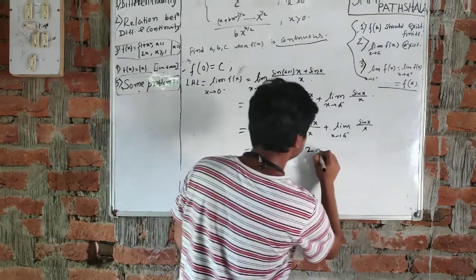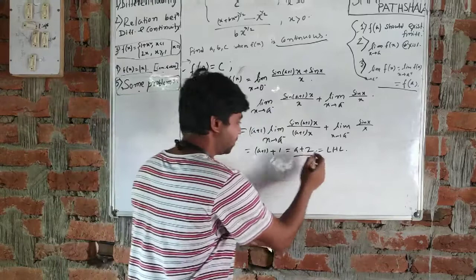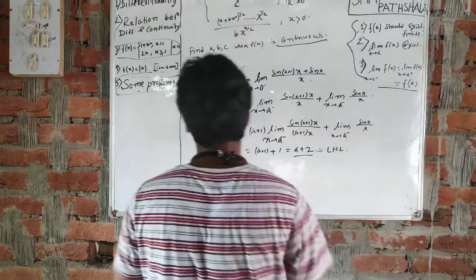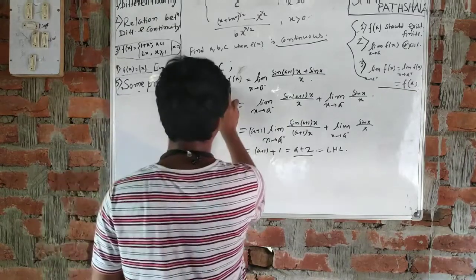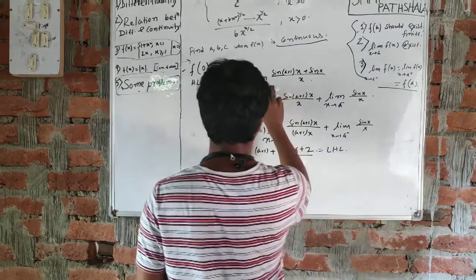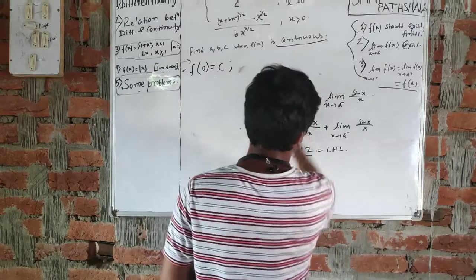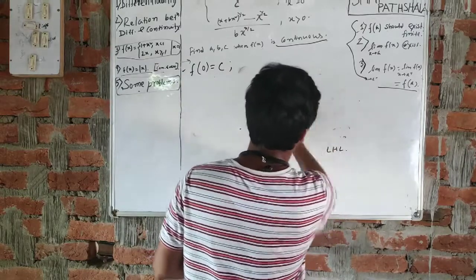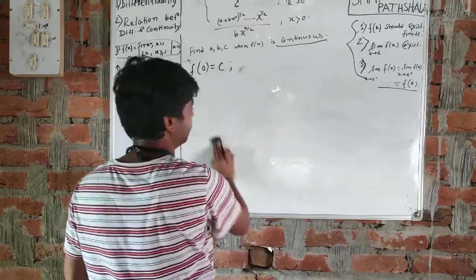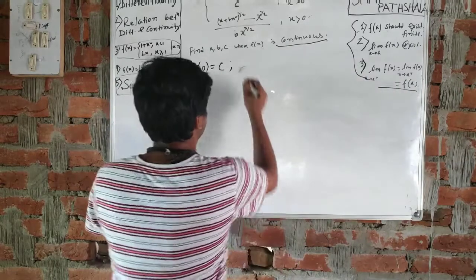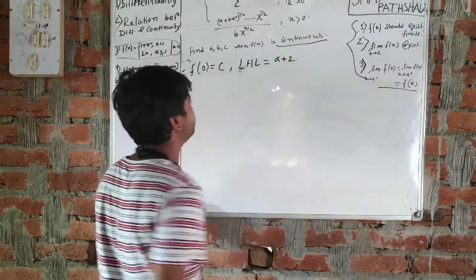So the left hand limit is a plus 2. Okay, now note it down. That is, the left hand limit is a plus 2.